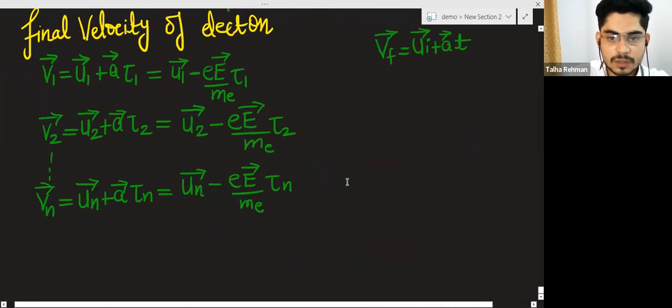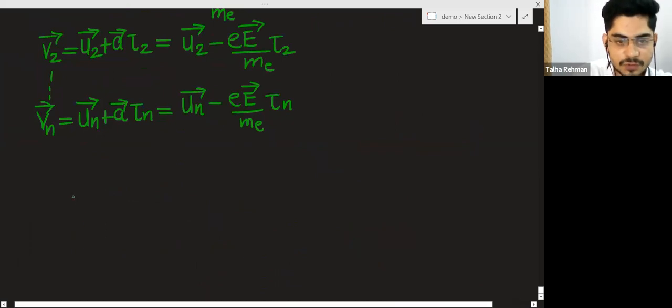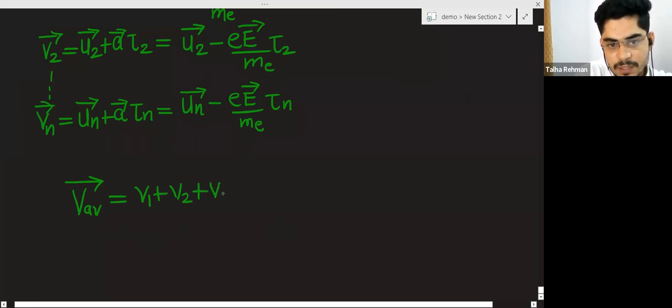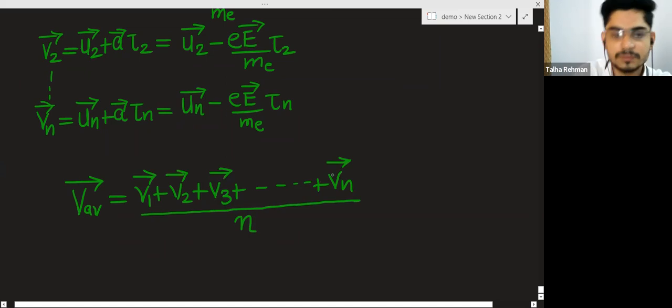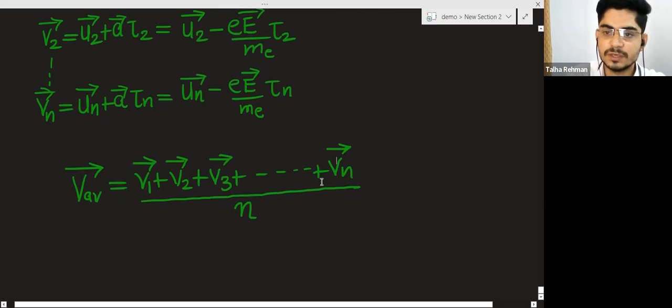Okay, so if I am calculating this average of final velocity, I am representing it with this. So I can write V1 plus V2 plus V3 plus Vn, and again this is divided by n, and this is the vector. So now I will put the value of V1, V2, V3 and all that.